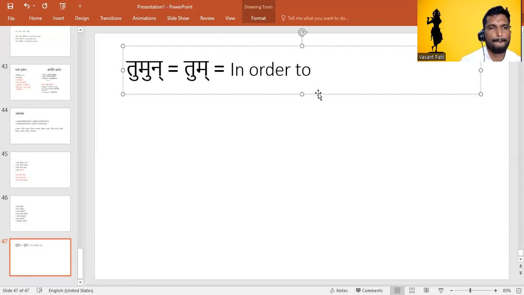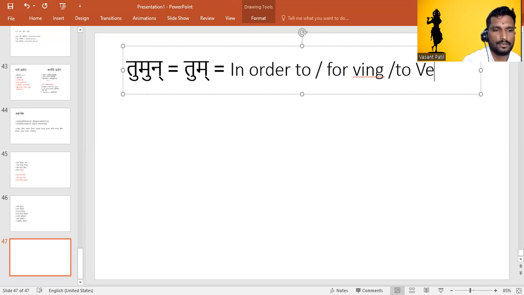Or we can say for plus VING. For studying, or in order to study, or we can say to study. To plus verb. These three ways it is used.